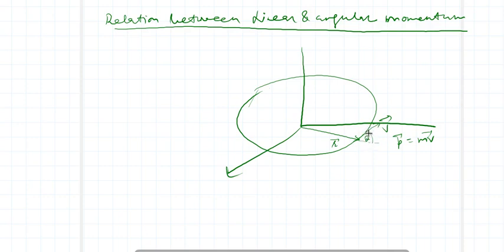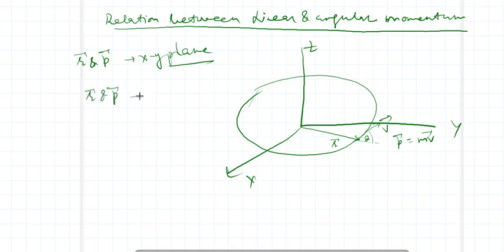Here, looking at the x, y and z axes, both r and p are in the xy plane, and r and p make an angle theta with each other.